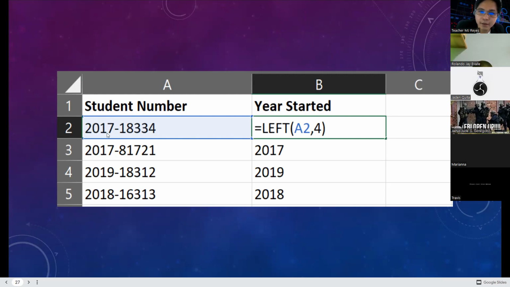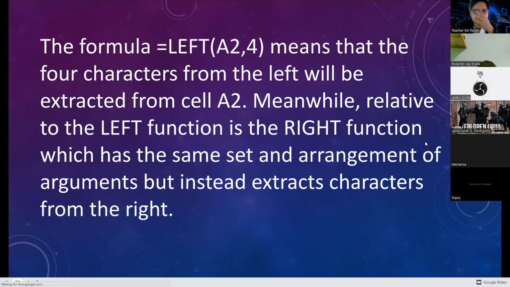If you enter this one, automatically it will extract the 4 digits from the left. The formula LEFT A2, 4, means 4 characters from the left will be extracted from cell A2.